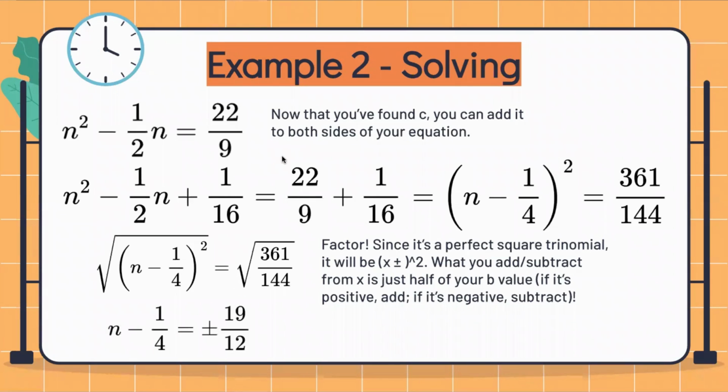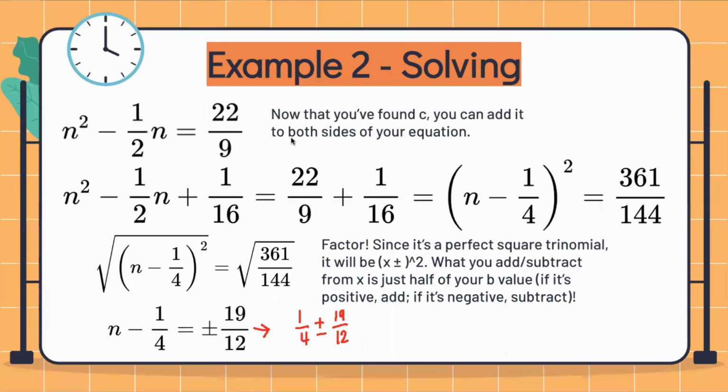And now to isolate n, you're going to add 1/4 to both sides. And that would just give you 1/4 plus or minus 19 over 12. And now you can just simplify this. To simplify this, I would want to get a common denominator between 4 and 12.